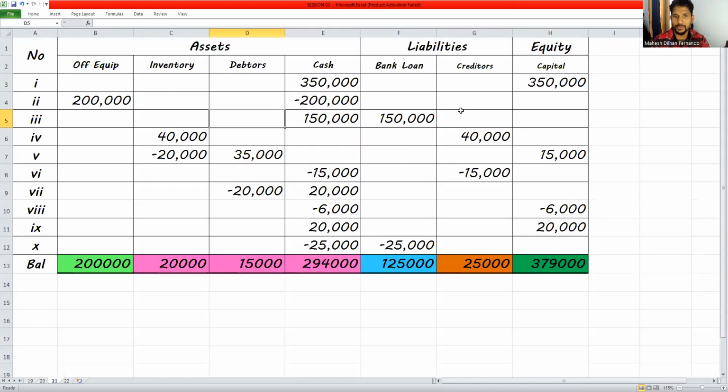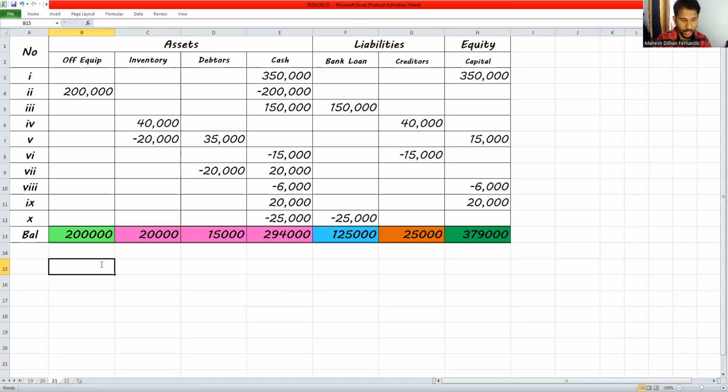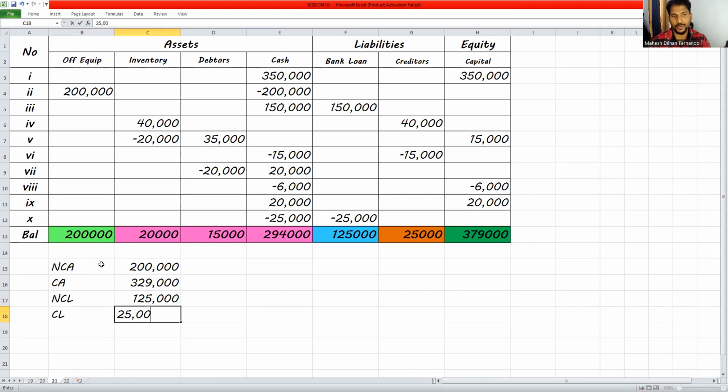If you want the information in detail, right, non-current assets, 200,000, current assets, 329,000, non-current liabilities, 125,000, current liabilities, 25,000, and equity, 379,000.